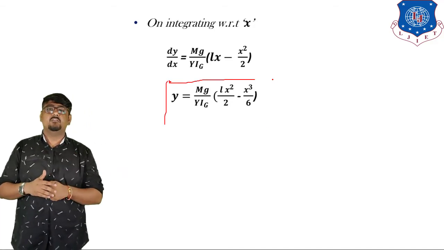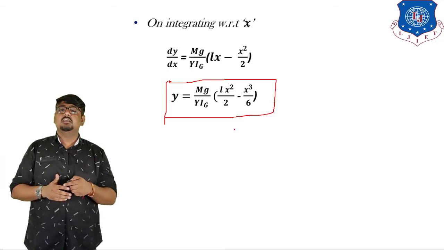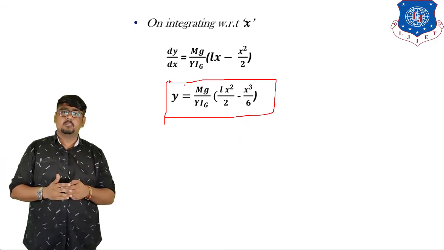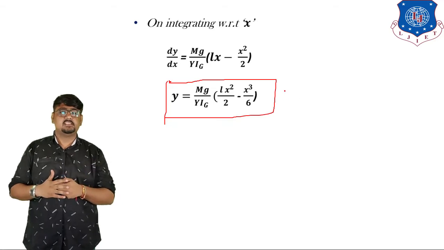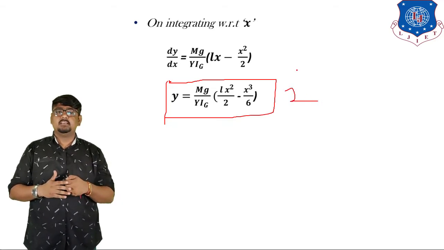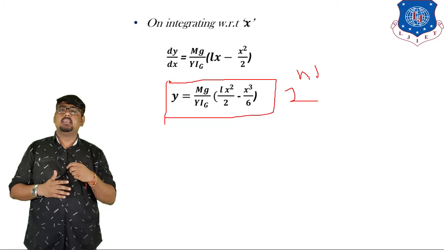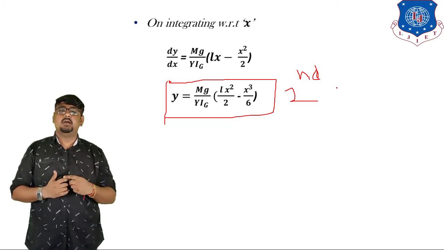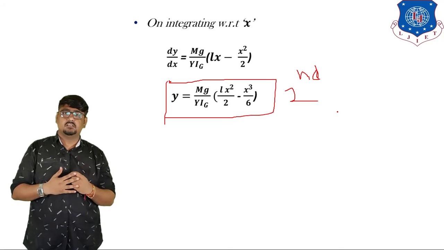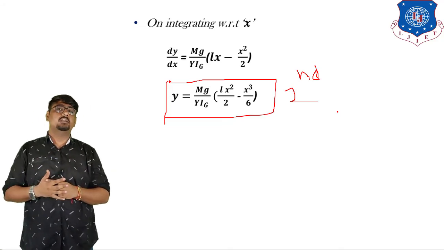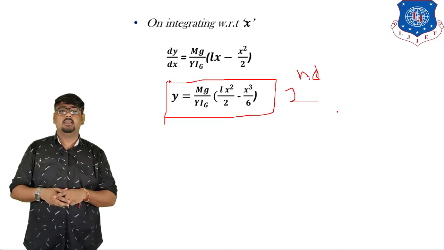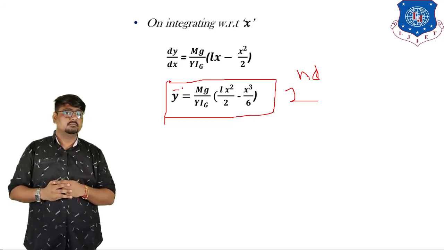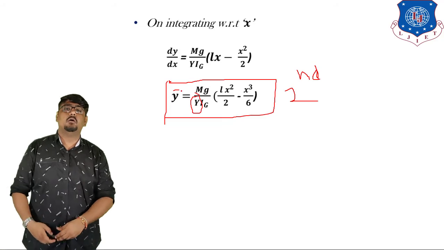On second integration we get y, the depression or deflection, equals mg upon capital Y Ig in bracket (Lx square by 2 minus x cube by 6). You must know the difference between capital Y and small y. Capital Y is the Young's modulus, which depends on the material, and small y is the depression obtained.